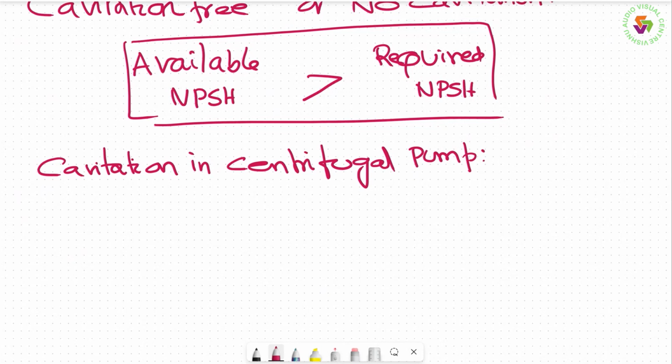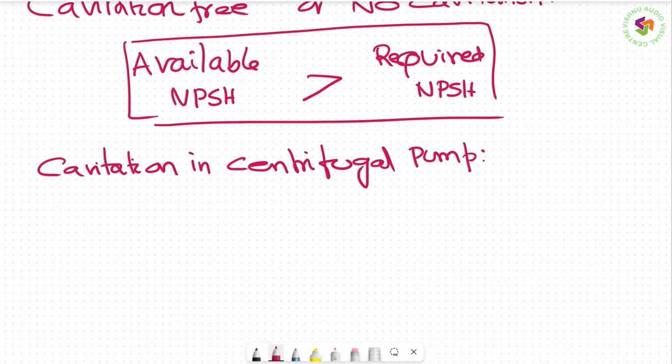When these vapor bubbles go into a high pressure region, they collapse. When the collapse occurs, the surrounding fluid rushes in and applies high impact pressure. For example, if the bubble is close to the boundary, then naturally that impact pressure is applied on the boundary, and the boundary gets damaged. So in three words: formation of the bubbles, traveling of the bubbles, and collapse of the bubbles finally lead to cavitation.